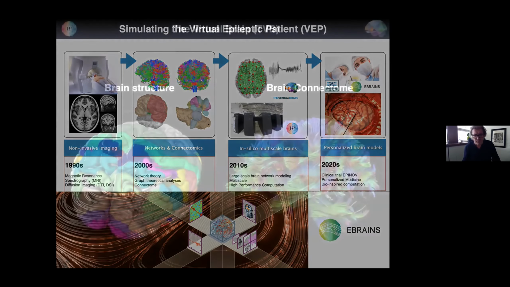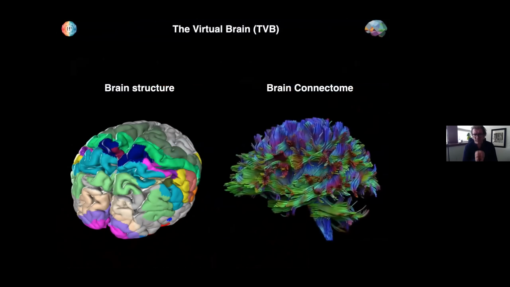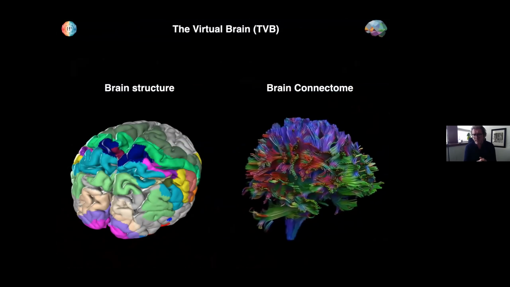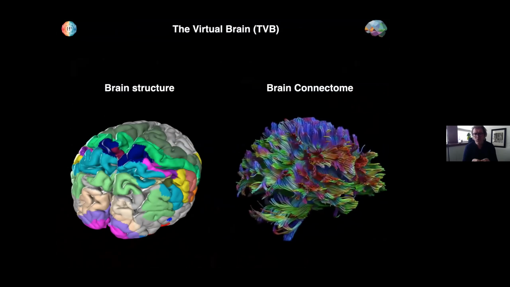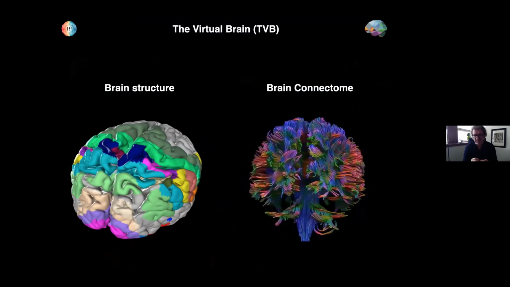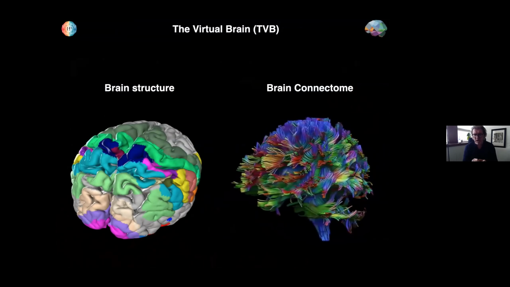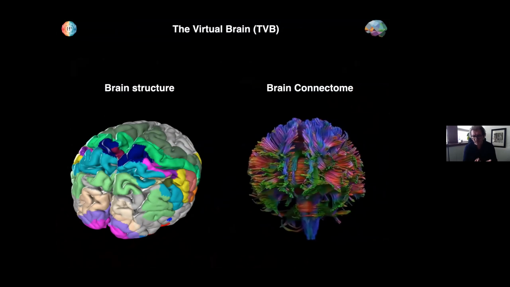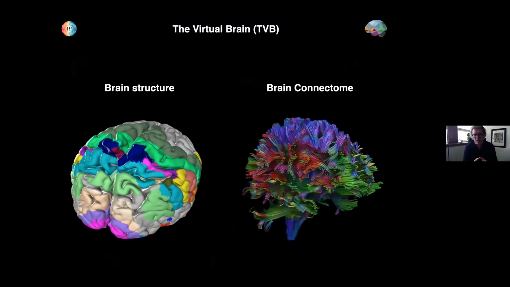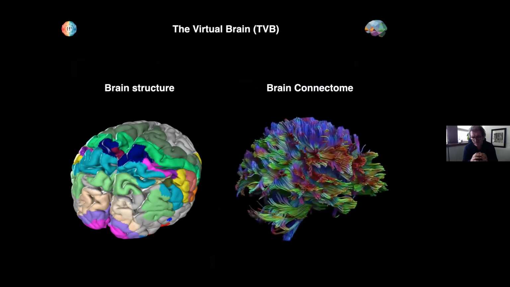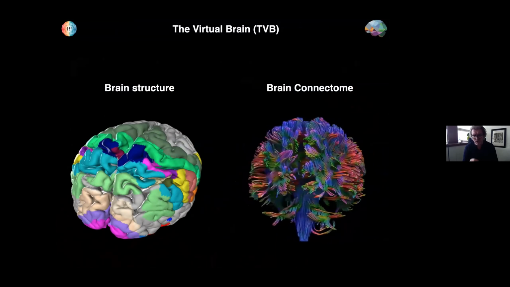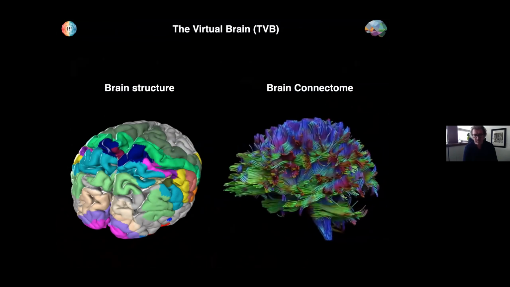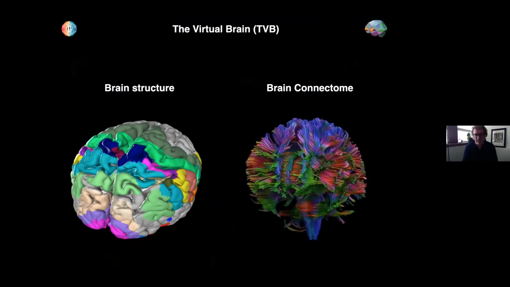Yeah. So The Virtual Brain, what is it? It's a neuroinformatics platform that takes advantage of human brain imaging data, constraining our mathematical models. And in The Virtual Brain, the neuroinformatics platform, we optimized simulators that allow simulation of this type of network models on the full brain network scale.